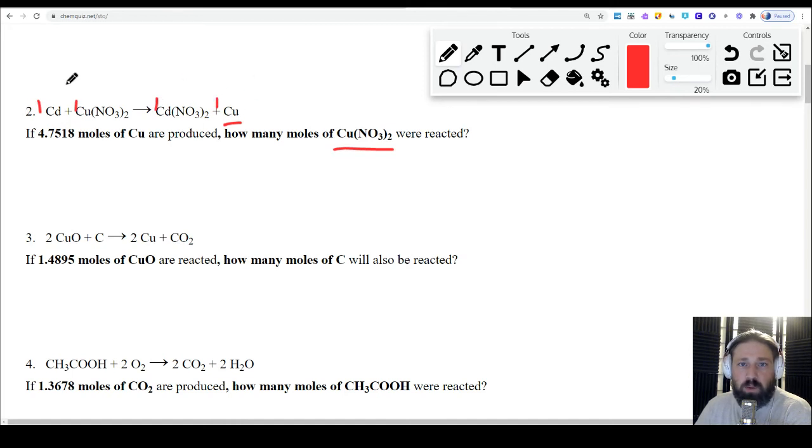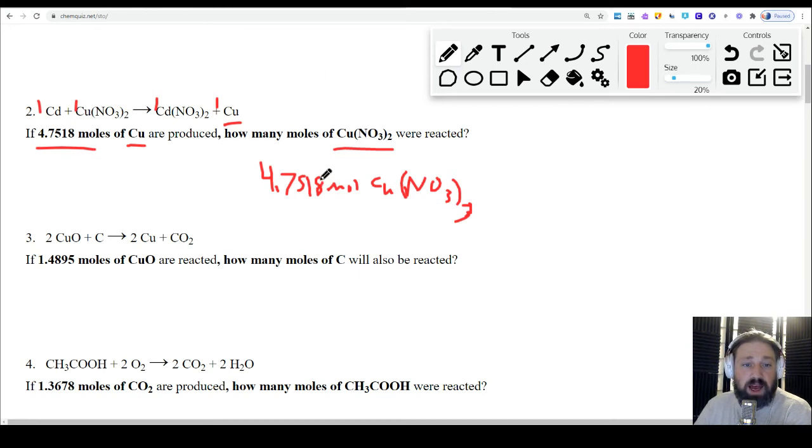Everything here is in the 1-to-1 ratio. So if I have 4.7518 moles of copper, I know that I'm going to have 4.7518 moles of copper nitrate reacted, because everything is in a 1-to-1-to-1 ratio.